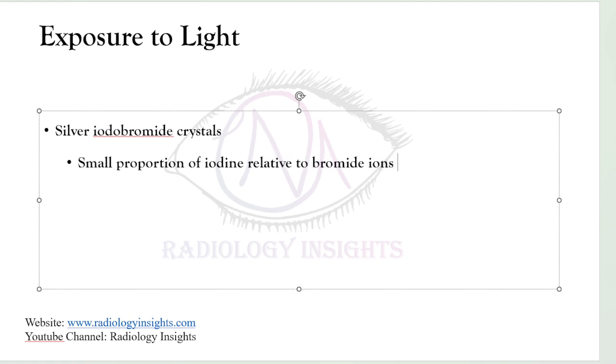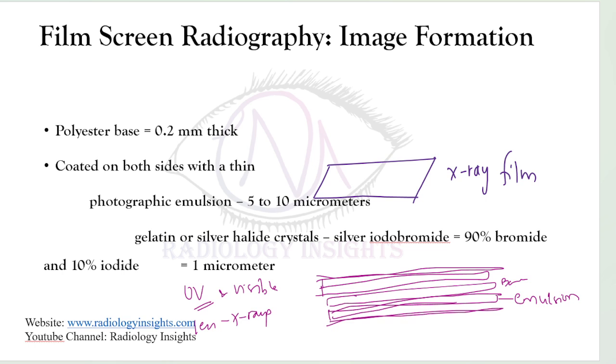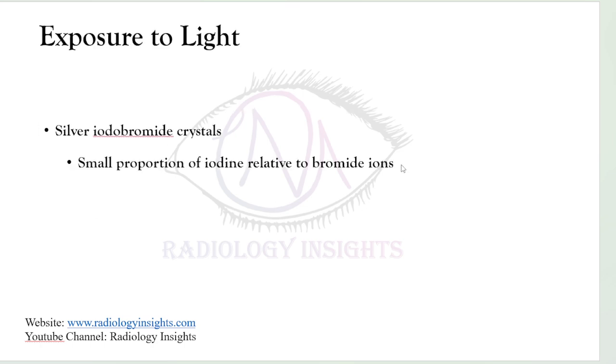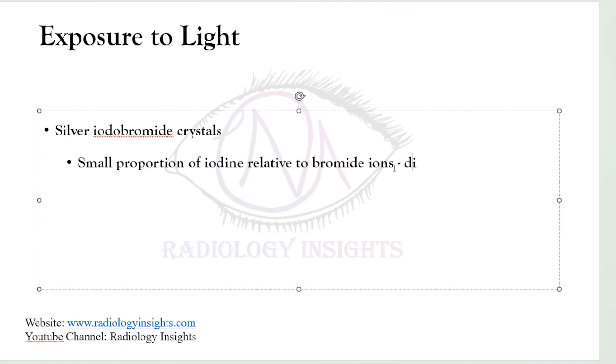Iodine is present only 10%, whereas bromide is present 90%. This small proportion of iodine when compared to bromide will distort the lattice.